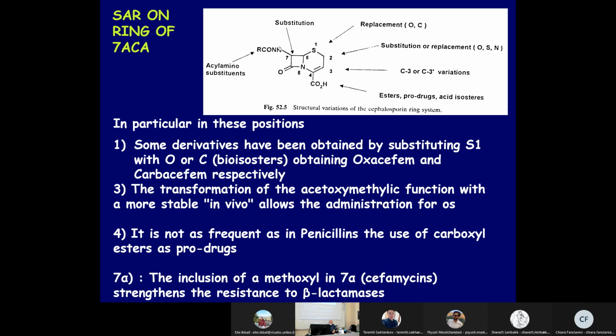In particular, you see the side chain, acyl amino substituents, substitution on carbon 7 with the methoxy group, if you remember, leaving group in 3 position, carbamic acid in 3 position. It's just to recapitulate all the modifications performed on the different classes of cephalosporin.